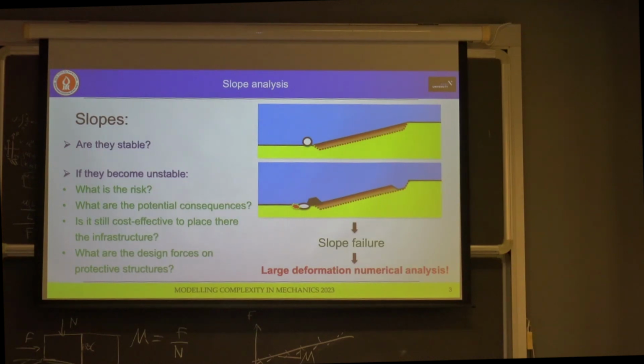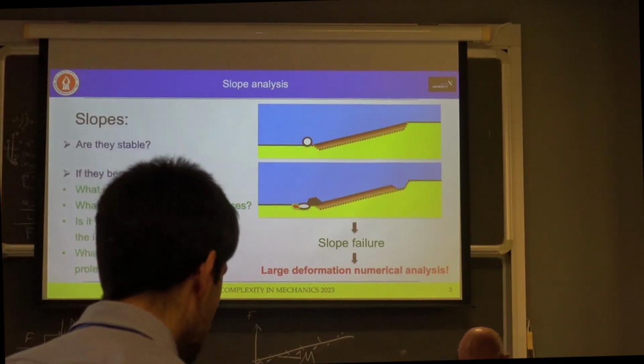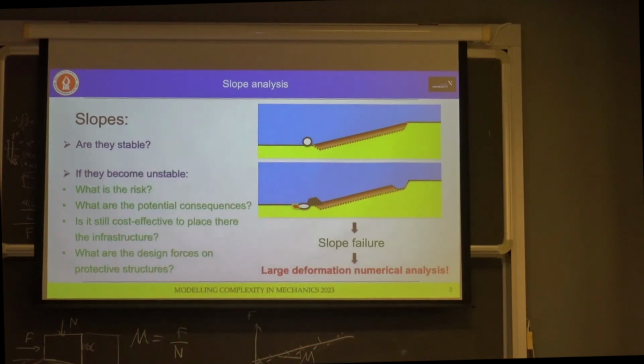Indeed, that is the only thing the geotechnical engineer can do: check if it's stable. If stable, the geotechnical engineer goes away. But the question is, is it still cost effective to place submarine infrastructure beneath the slope? Maybe it can be cost effective, even if it fails.